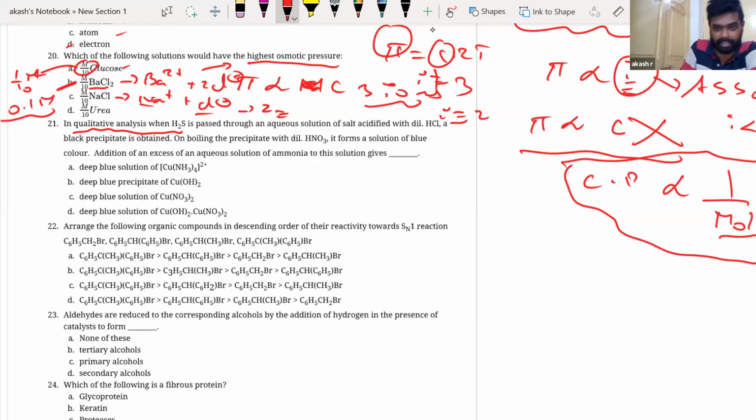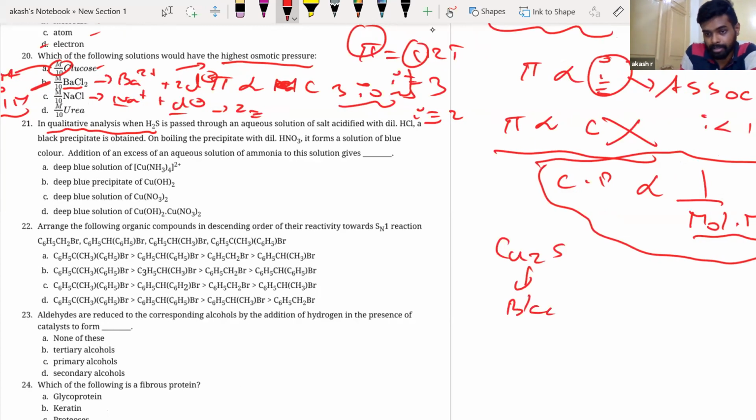I understand what you're asking. Remember, the black precipitate is Cu2S, copper sulfide. On boiling the precipitate with HNO3, it forms a solution of deep blue color. Addition of excess aqueous ammonia to the solution gives a deep blue solution.